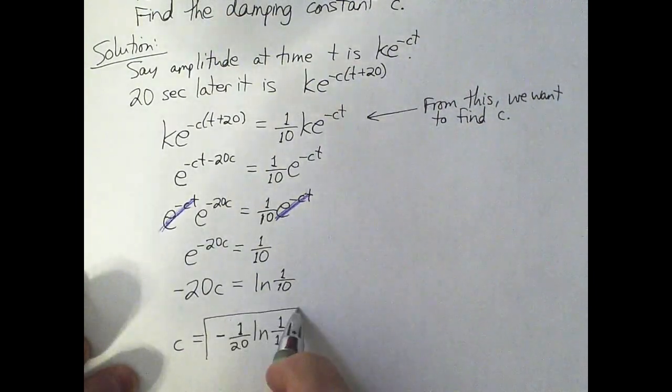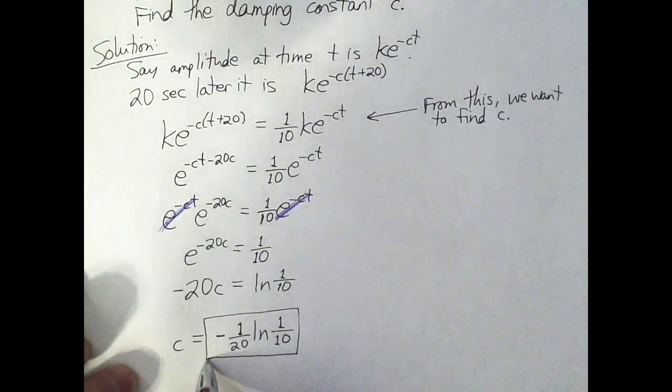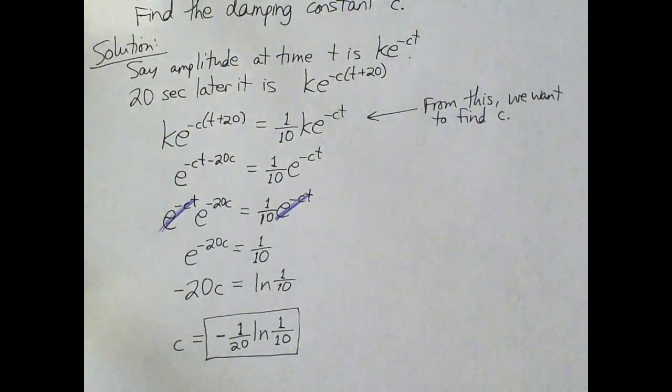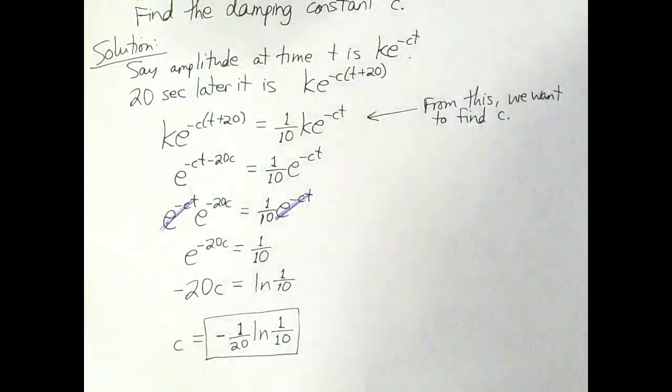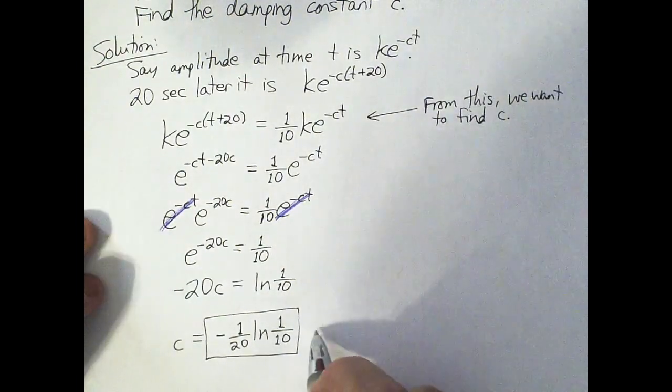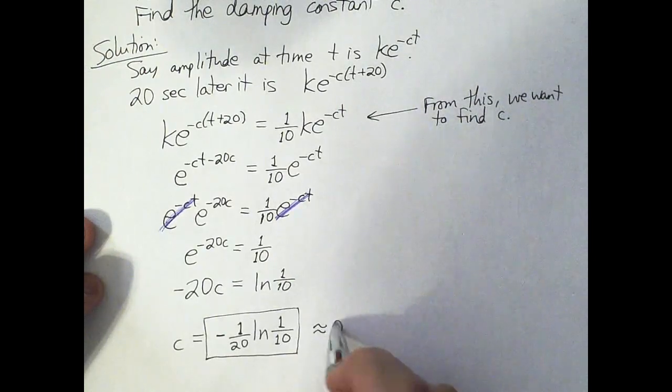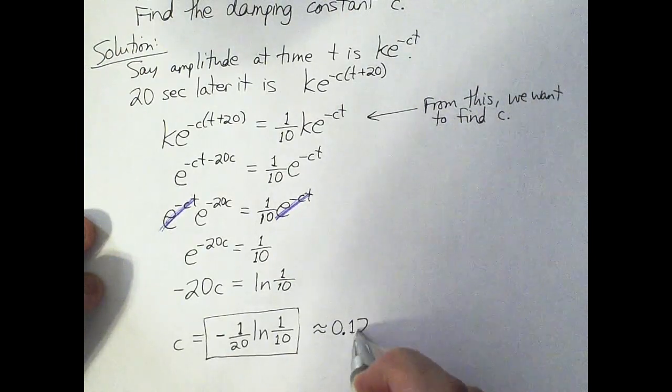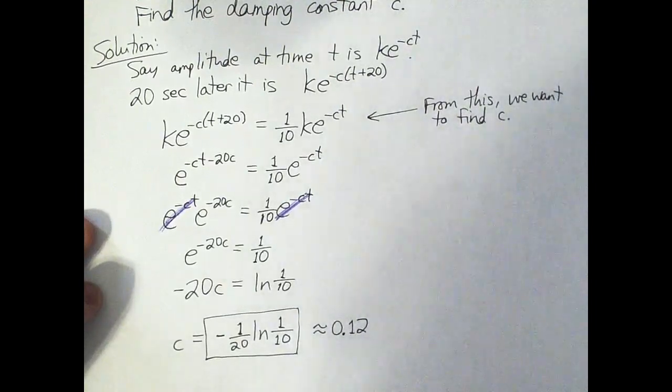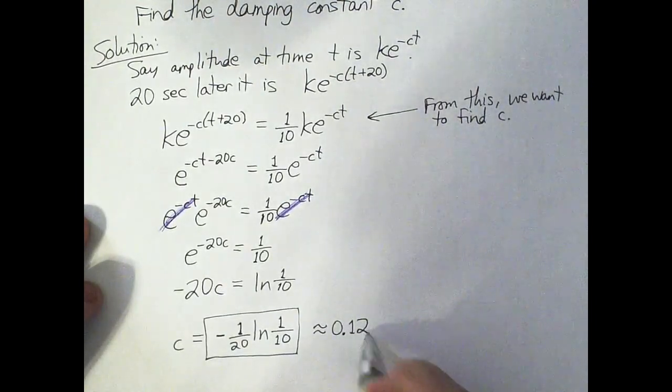That is the damping constant C. I would leave the answer like that. Just put a box around it and say we're done. That's good. I'm going to tell you that I found on a calculator that this is approximately equal to 0.12. All right, so that's the damping constant here.